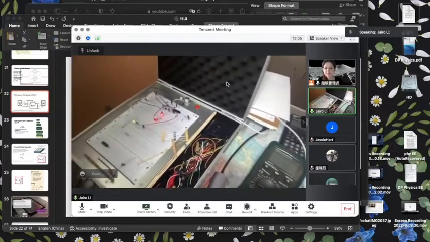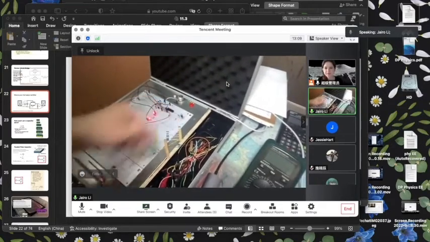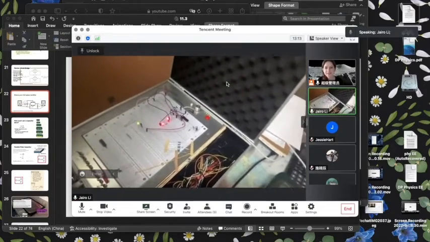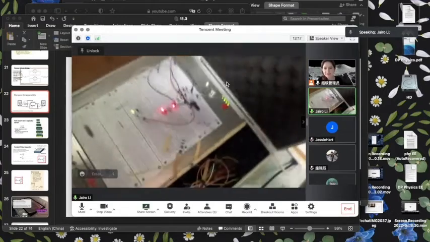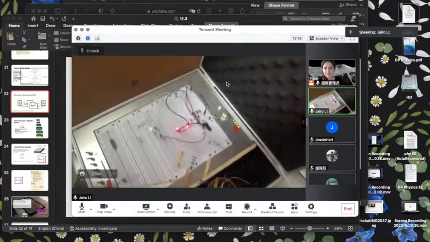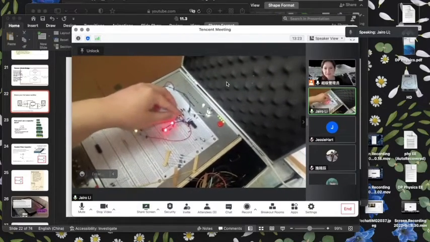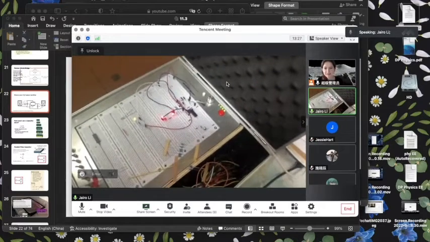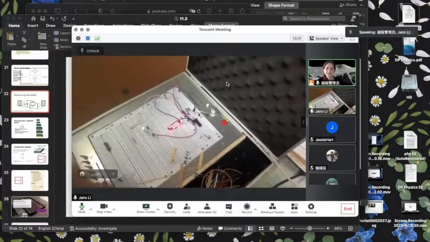So I turn the DC into AC here. Use this chip. And these black small elements are the diodes, and we can see that it is very simple, I think. Could you hear me? Yeah, you're doing a good job.